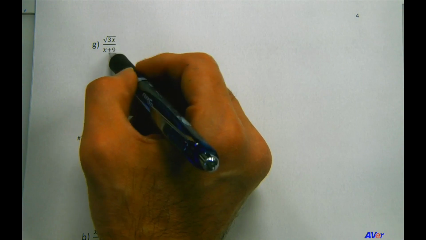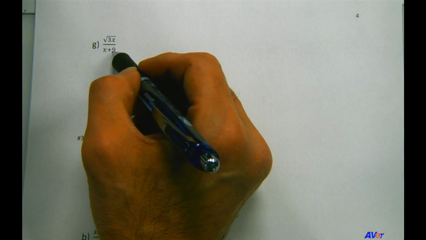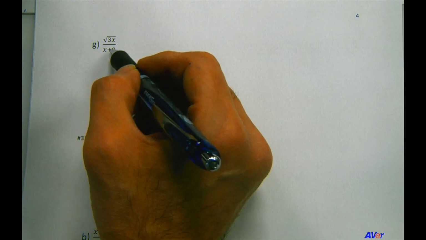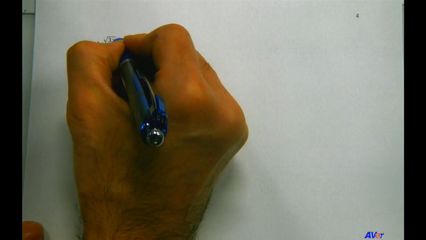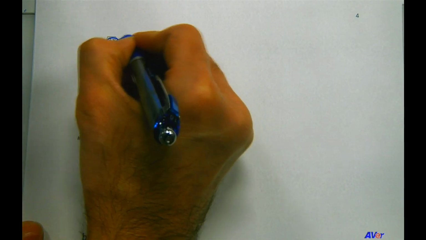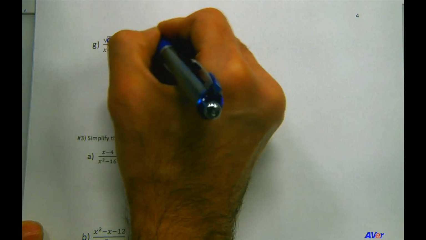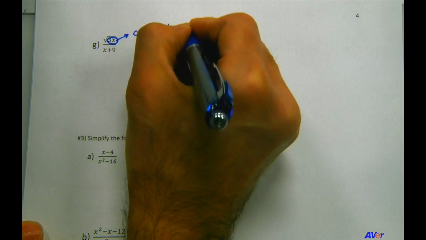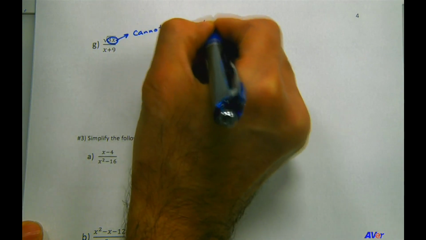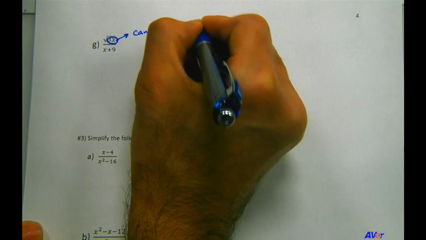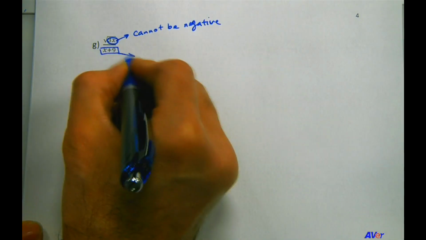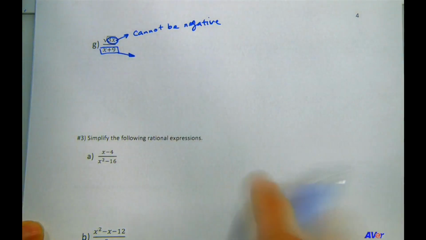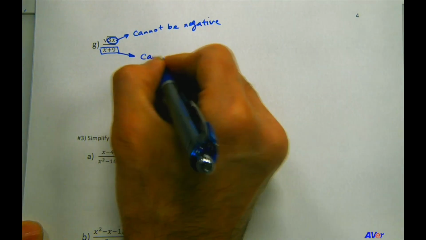You have a denominator, and that denominator cannot be 0. So you have 2 restrictions involved. So let's make that clear. The 3x cannot be negative. And the x plus 9 cannot be 0.